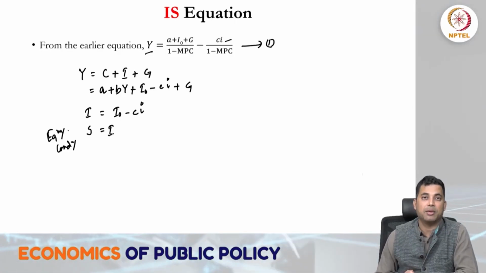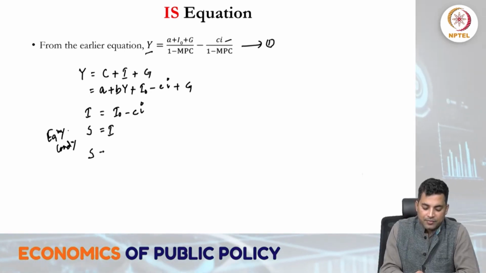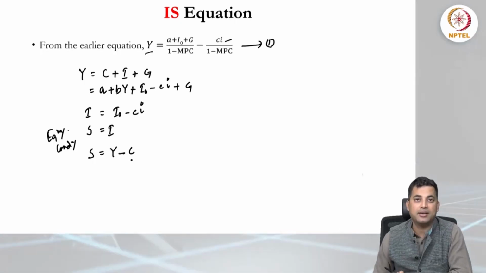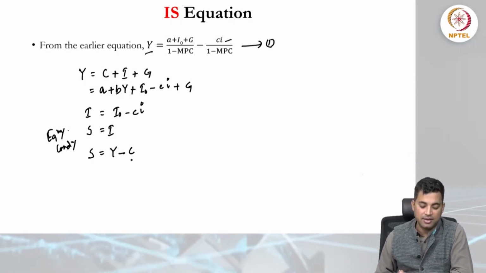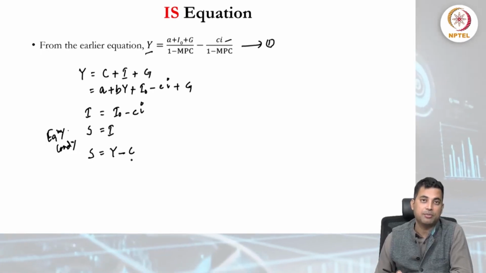And S is basically total output minus C, that is, after consumption, the surplus amount needs to be saved.